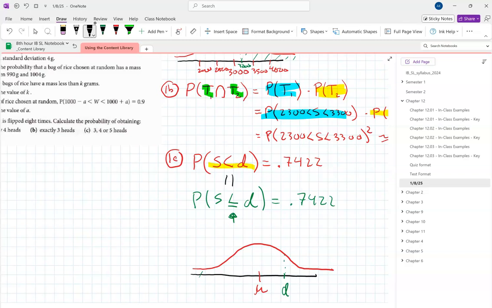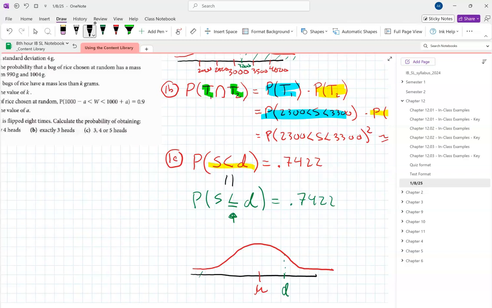Now I want to be clear here. The probability S is less than D equals the probability S is less than or equal to D is only true for a normal distribution. Okay, when we do binomials, not true.